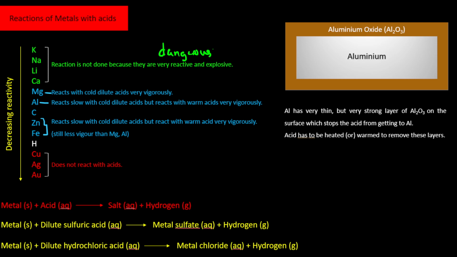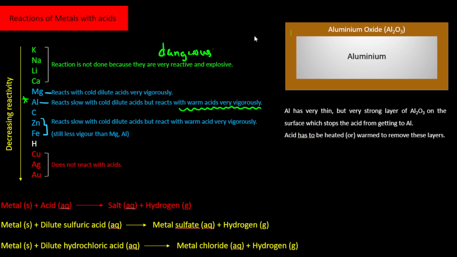And let me explain something here, which is why aluminum reacts slowly with cold dilute acids, but reacts with warm acids very vigorously. It's because aluminum doesn't exist on its own. It always has a very thin layer, as you can see here, of aluminum oxide on the surface.